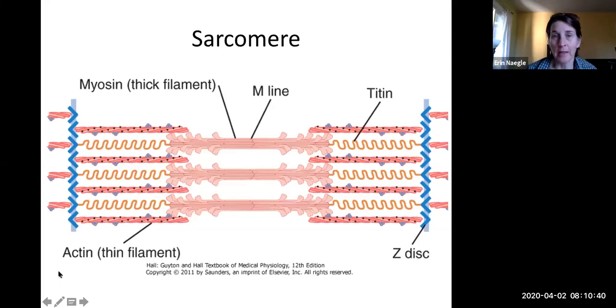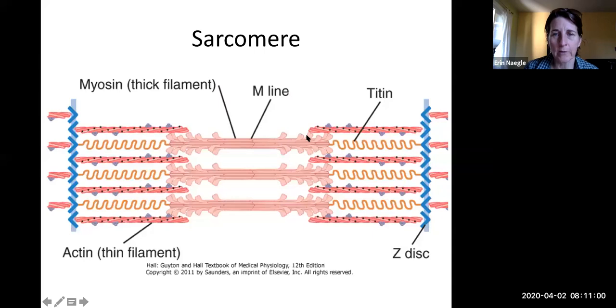So as we're reviewing, the middle of that sarcomere is called the M line, right down through here. And what's anchored to the M line is the myosin, also known as the thick filament. So the thing with the little feet or heads, depending on how you like to think about it, that's actually doing the pulling force.